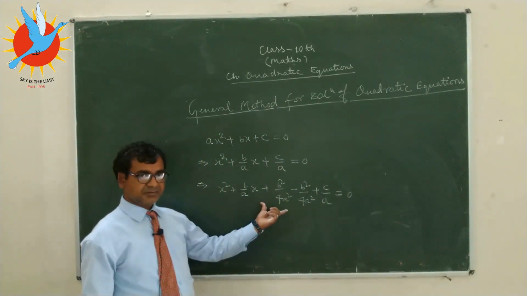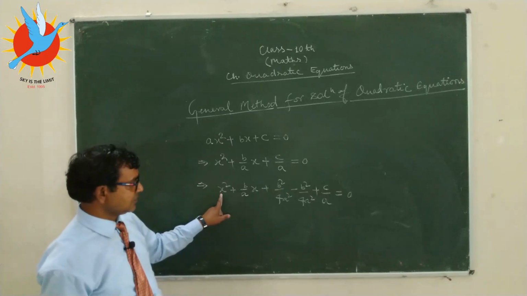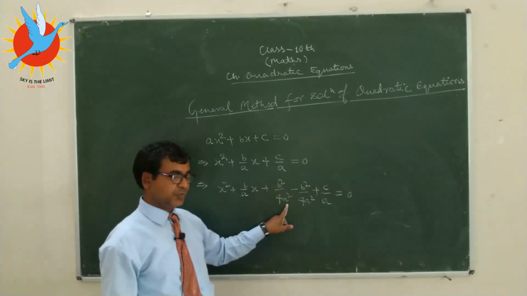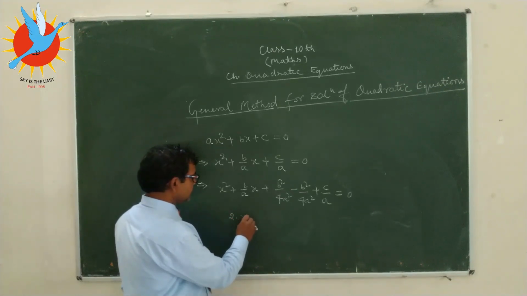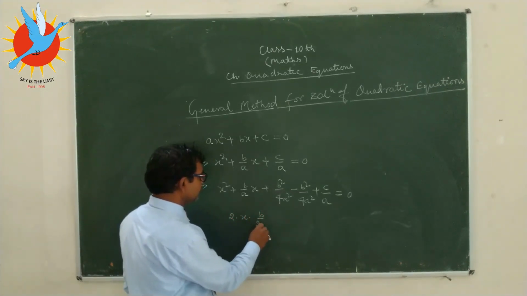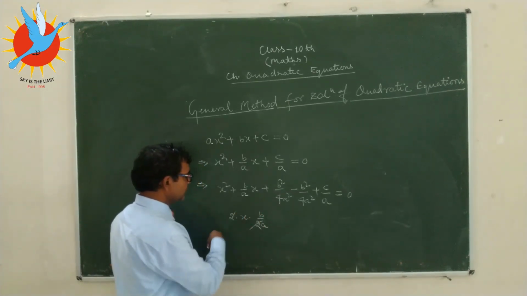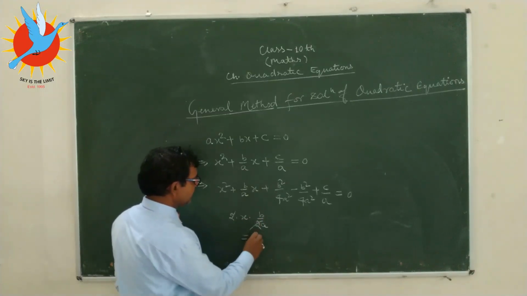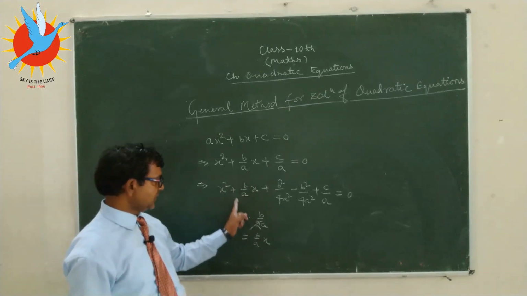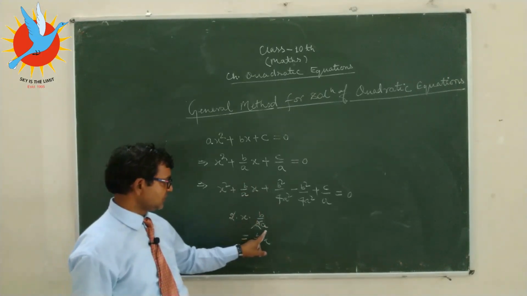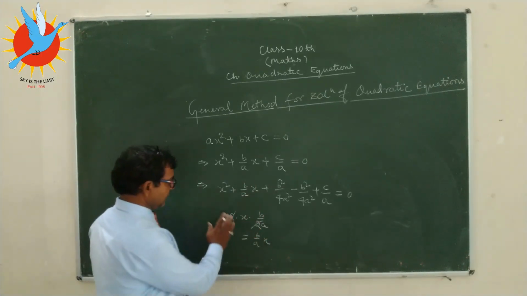Now see here, this is x square, this is b by 2a whole square, and twice of x into b by 2a, the 2 and 2 would be cancelled out. This will become b by a into x. Means this term can be written as 2 into x into b by 2a.